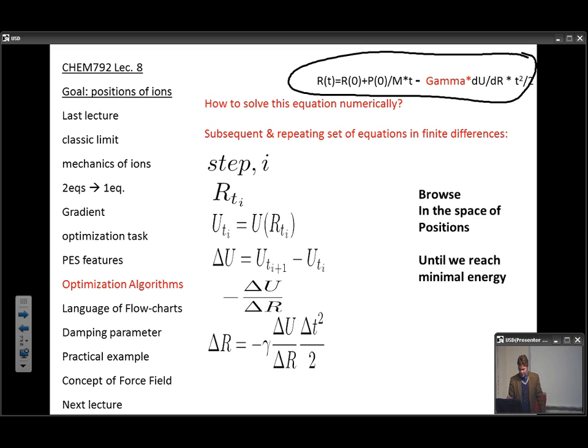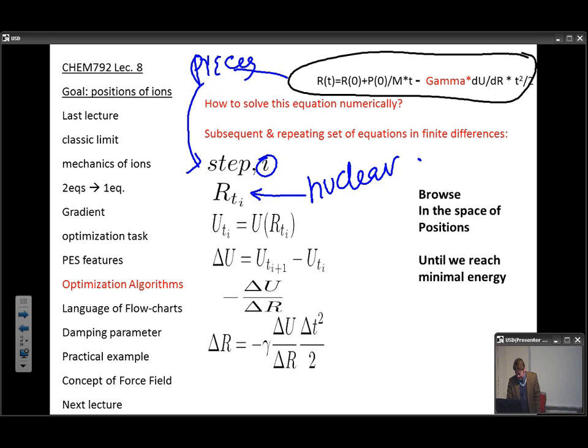So how do we break this equation onto pieces? We will have several steps that are repeated continuously, again and again. Same steps repeated in a procedure. So at each step, step number i, we need actual current present position of present nuclear configuration. Then we need to know the present value of the potential energy surface.